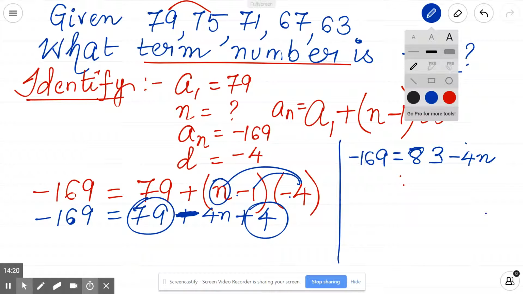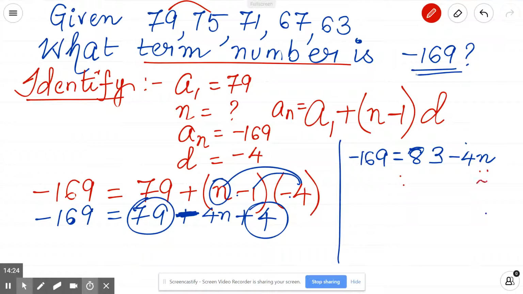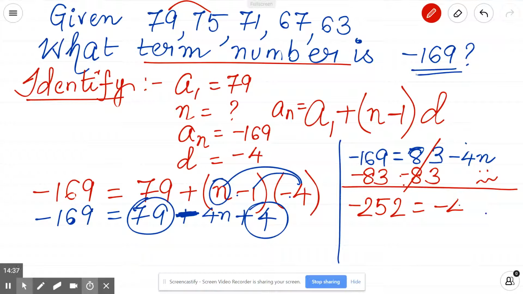Now always remember how we do this concept. N is grumpy. So we will subtract 83 from both the sides. So we can get rid of 83. And negative 169 minus 83 is negative 252 equals negative 4n. And what we do next is we divide by negative 4 on both the sides because n is still grumpy.